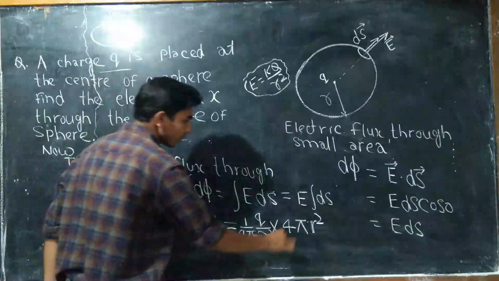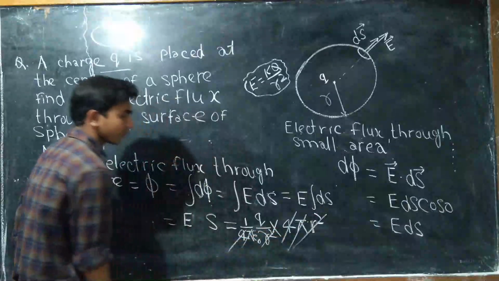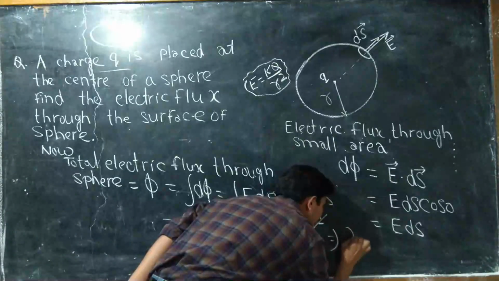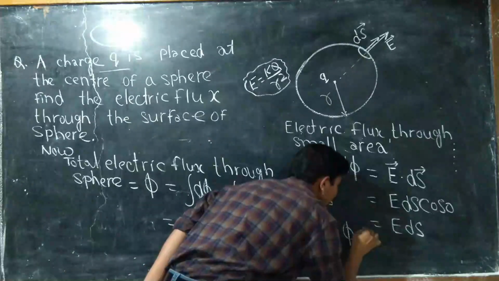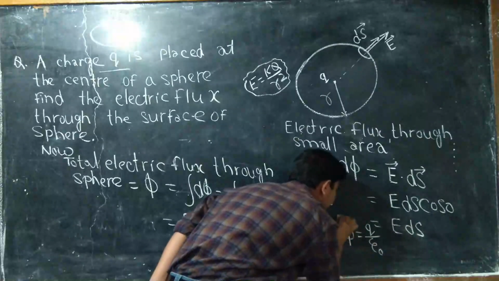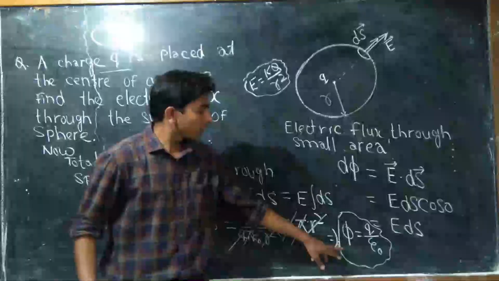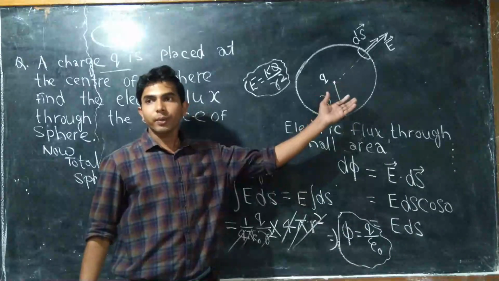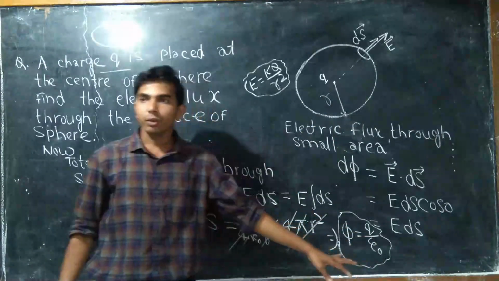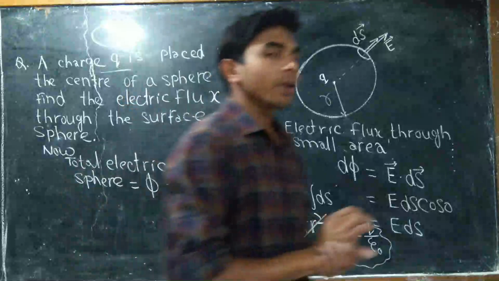You can see 4 cancels, pi cancels, r square cancels. So the flux is equal to q by epsilon 0. This is the total electric flux passing through this spherical surface, q by epsilon 0. After this, I am going to discuss Gauss law.